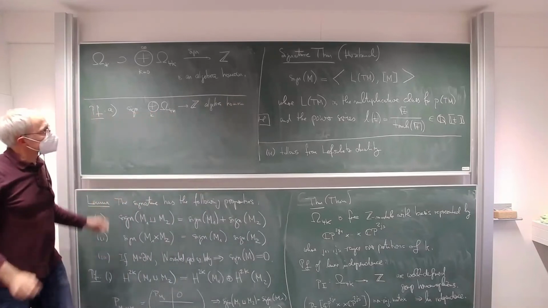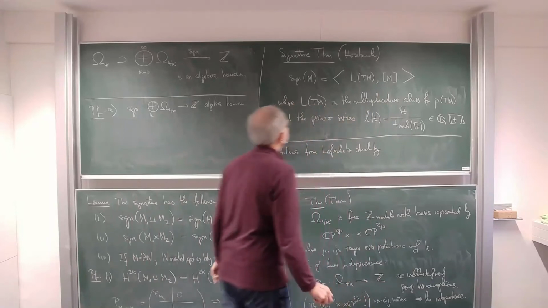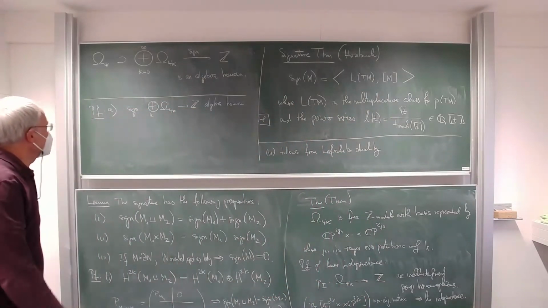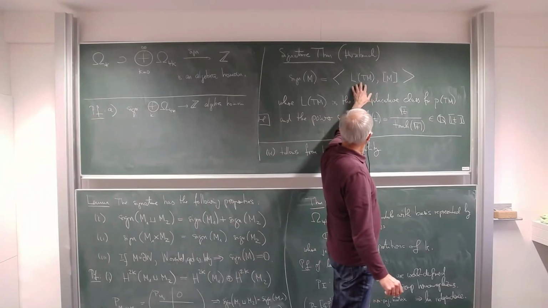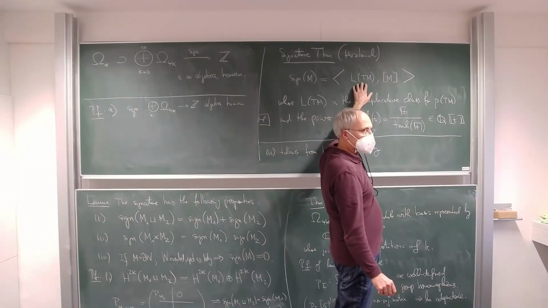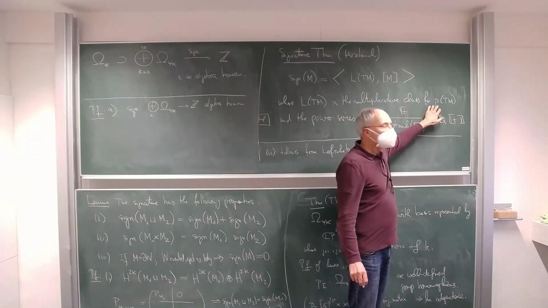And now let's look at the right-hand side of this equation. What we have here, well, this is what? That's a multiplicative class derived from the Pontryagin class.